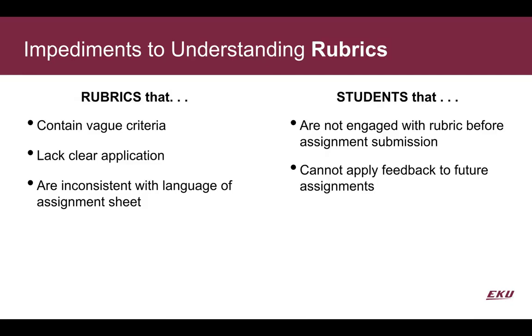Lack of clear application of the rubrics can create, again, feedback barriers for the students to understanding the future assignments. And just in general, inconsistent language can create these non-transparent impediments to understanding.